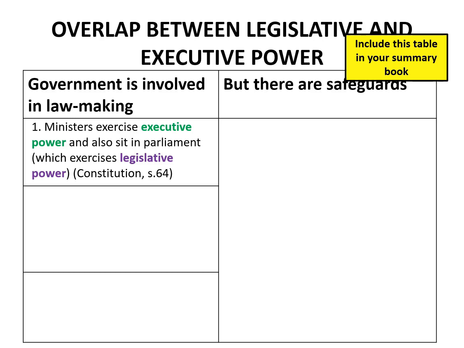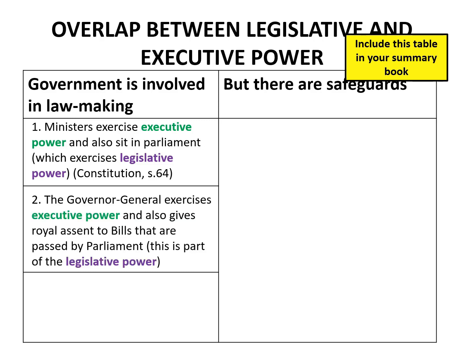The second situation in which the government is involved in lawmaking is that for a bill that has been passed by the Commonwealth Parliament to come into operation as a law, the Governor-General must give royal assent to that bill. Giving royal assent is part of legislative power because it is a stage in the making of a law that has been passed by Parliament. Yet, as we've seen, the Governor-General exercises executive power.